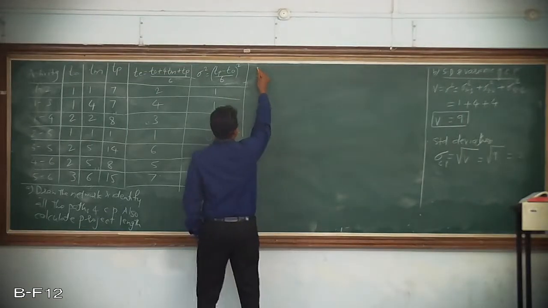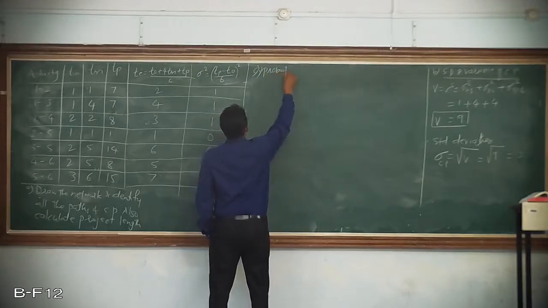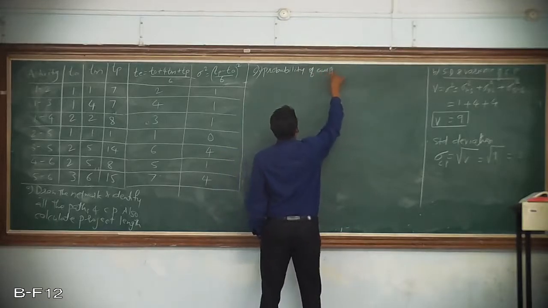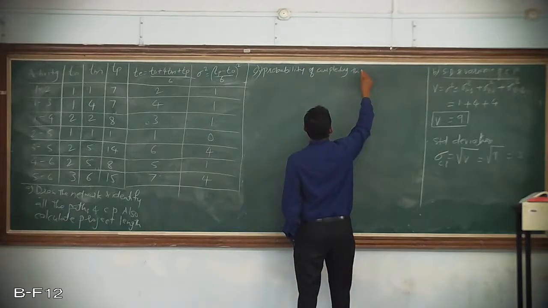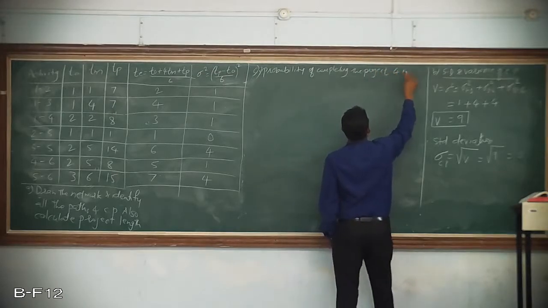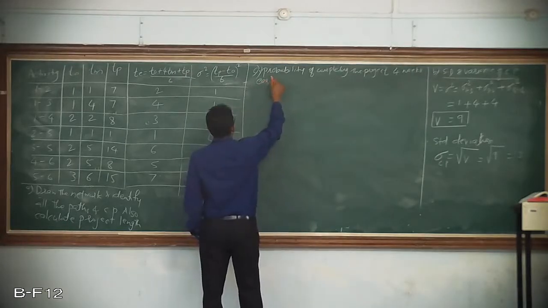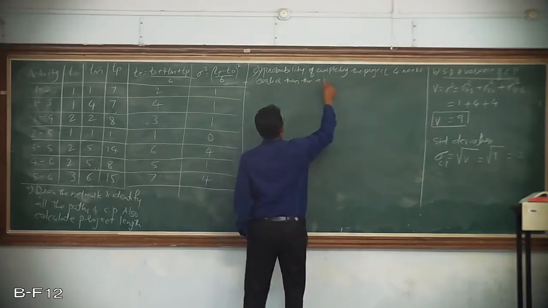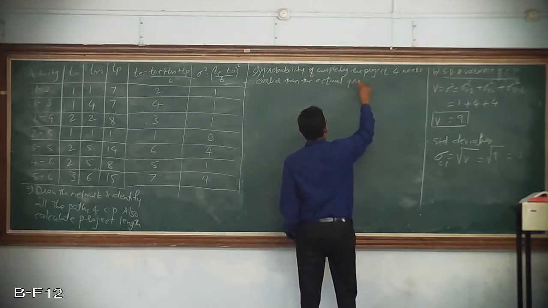So that is part C. So in that, first, the probability of completing the project 4 weeks earlier than the actual project length.